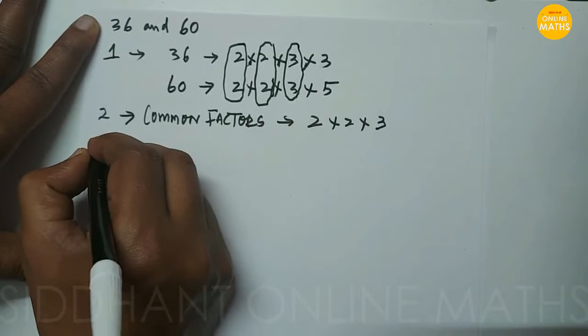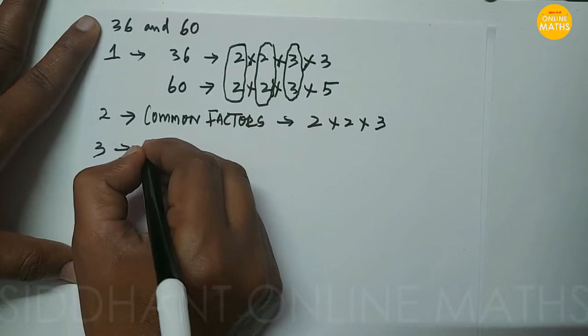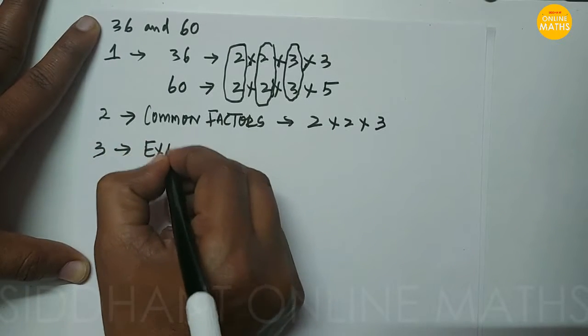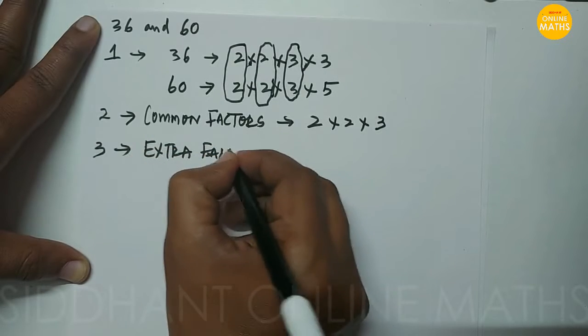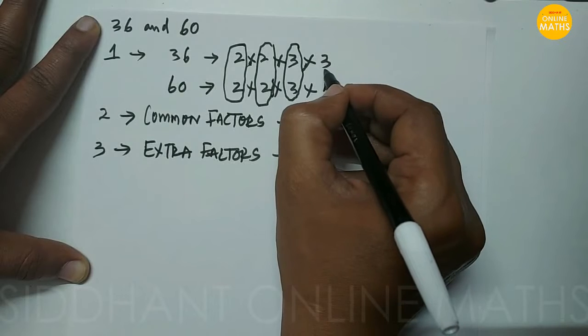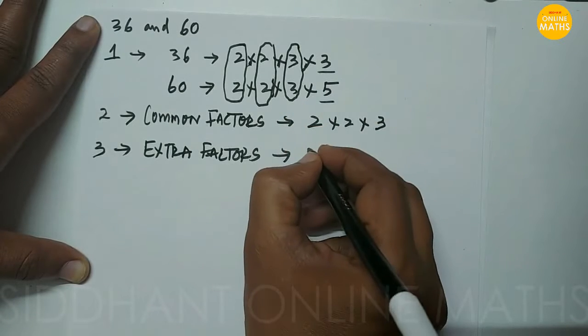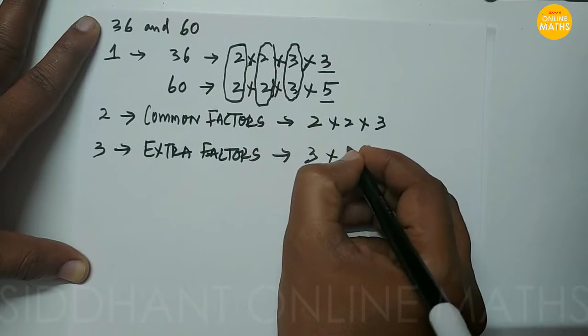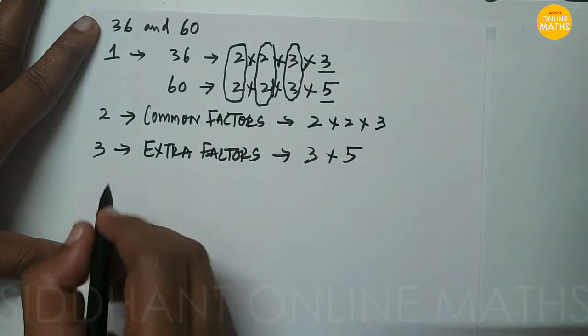In the third step we talk about the extra factors. What are the extra factors? That is 3 and 5. So we take 3 into 5.